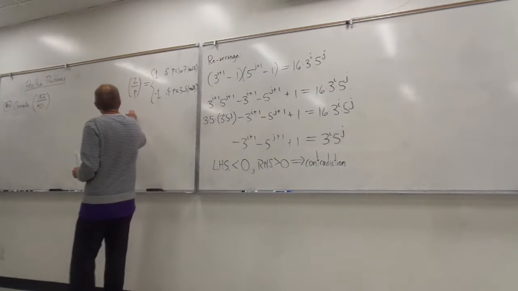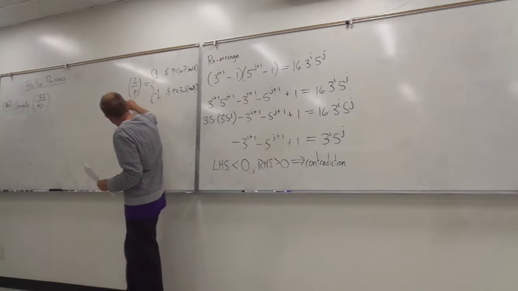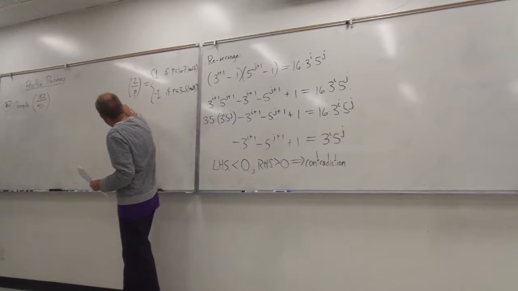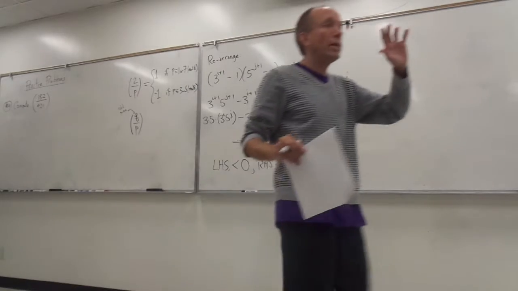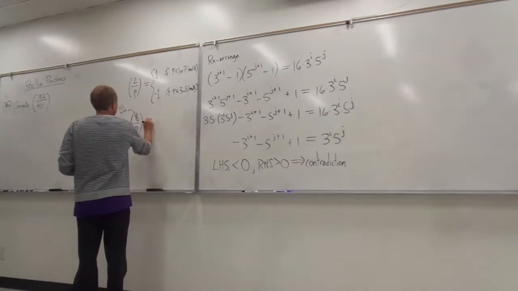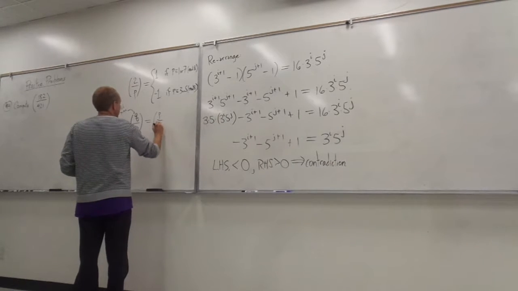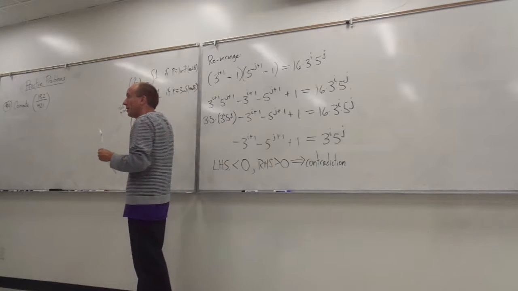And then if you have any other odd prime on the top of a Legendre symbol, what you can do is flip this thing upside down, right? You can flip this one over with a plus or a minus depending on the P and the Q, right?